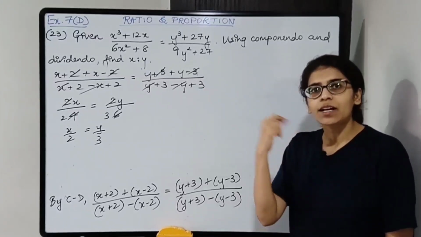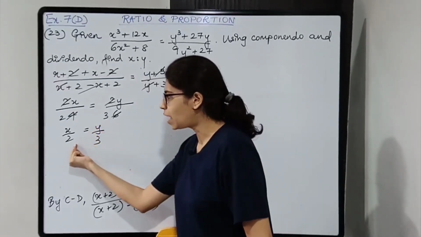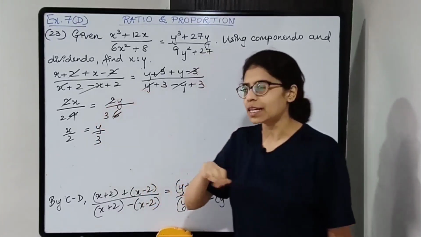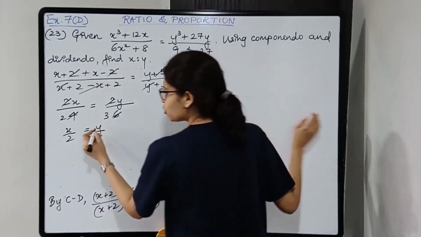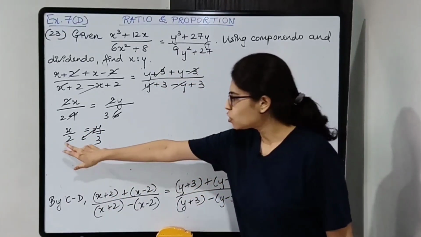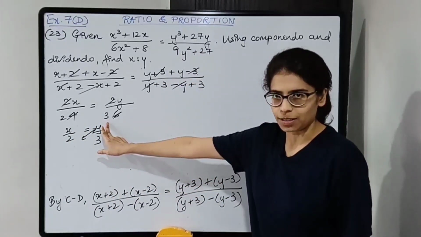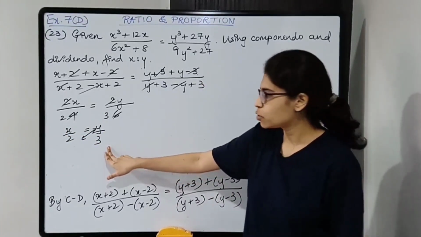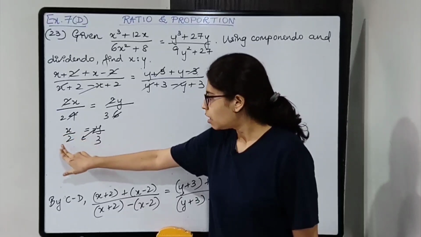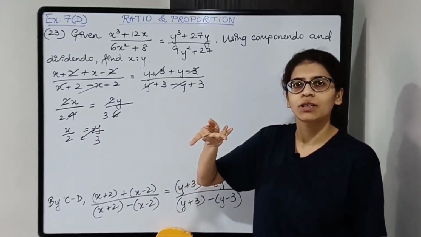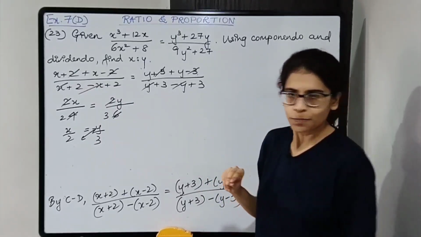We need x upon y, so let's shift y over here and 2 over here. x and y on one side and numbers on the other side, so we'll shift y over here and 2 over here. So basically we are changing the second and third quantities. First, second, third, fourth are in proportion, so first upon second is equal to third upon fourth. Second and third when we are interchanging, it is alternando.